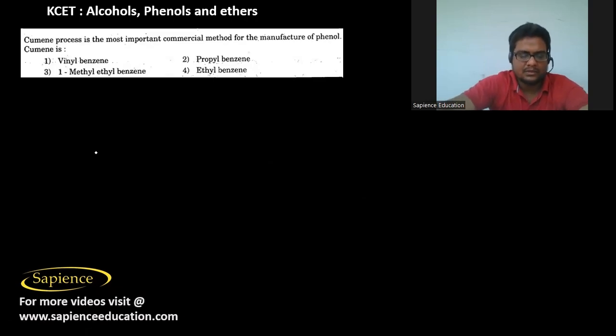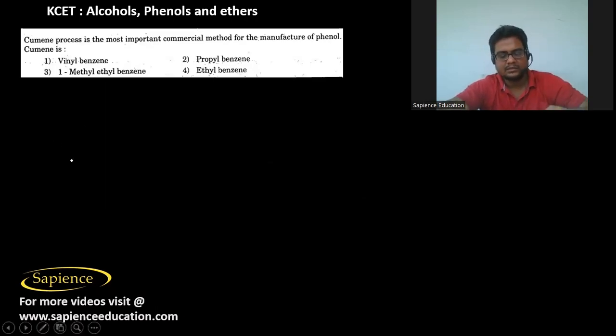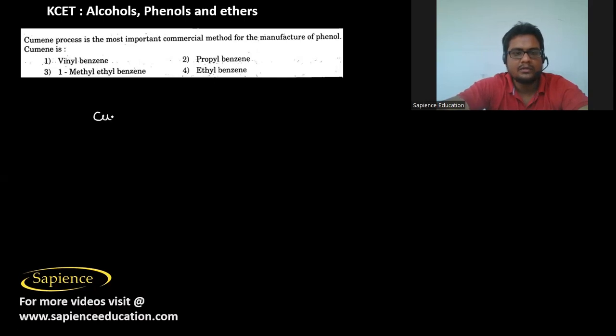Then here it is told the cumene process is the most important commercial method for the manufacture of phenol. So cumene means it is isopropyl benzene. It is like this.